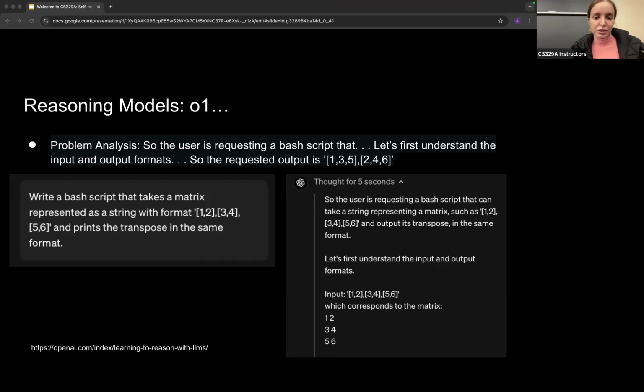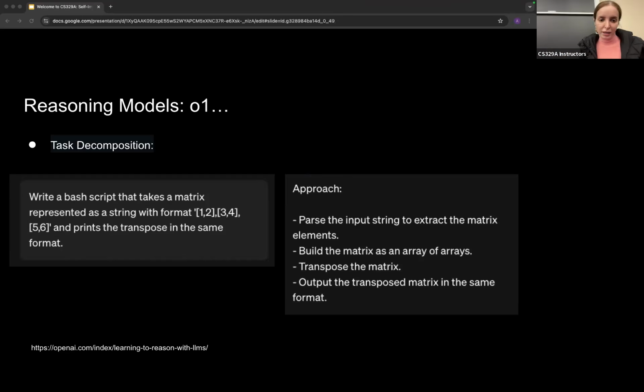The input is this, which corresponds to this matrix. It's like opening up the problem for itself. Just as we humans think when approaching a problem, the model is analyzing what the problem is and trying to look into an example by itself.